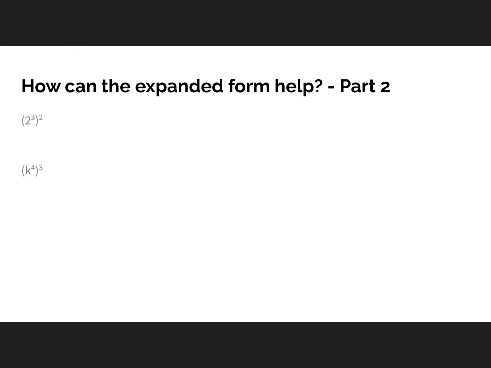So let's look at this one. How can the expanded form help? Here I have 2 to the 3rd power raised to the 2nd power. So that is 2 to the 3rd power times 2 to the 3rd power. Or I could also write that as 2 times 2 times 2 times 2 times 2 times 2.